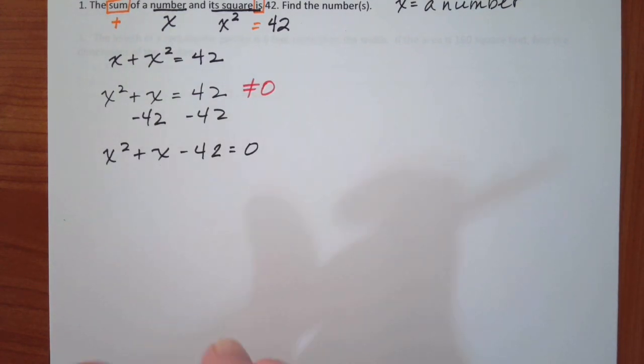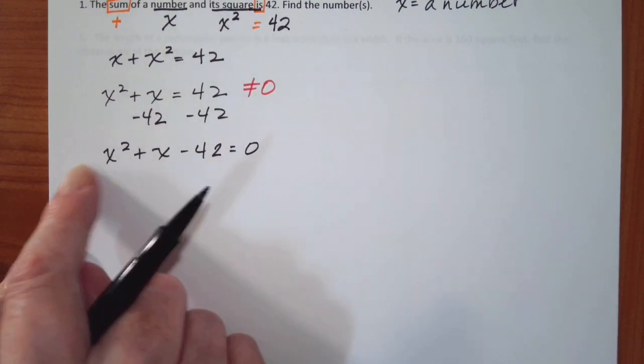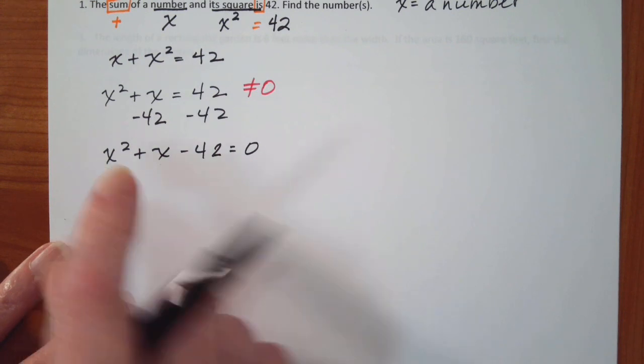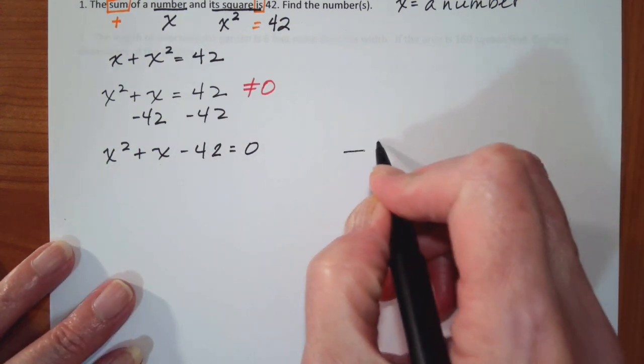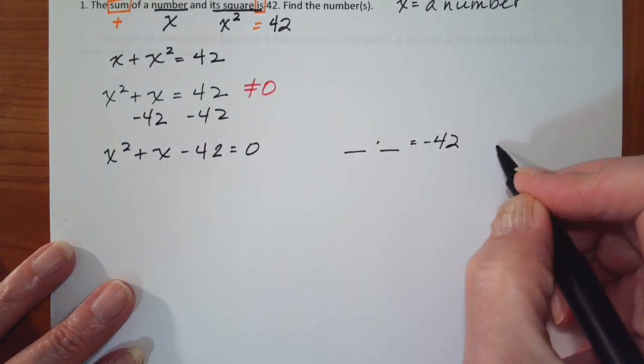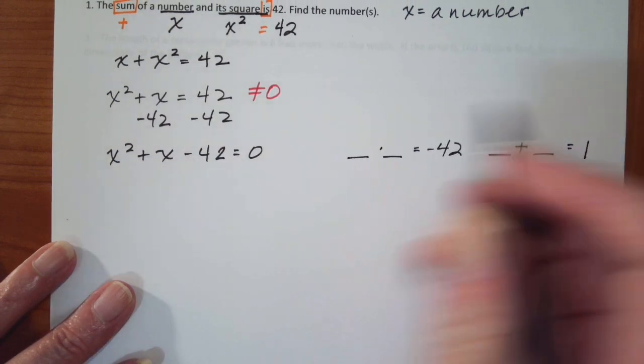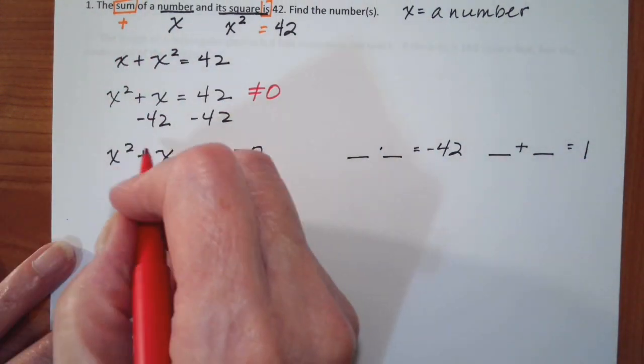I always look for a greatest common factor. There isn't one, so I don't have to do anything with that. This is 3 terms and the leading coefficient is 1, which means I can use the process. I'm looking for 2 numbers whose product is negative 42, and those same 2 numbers, the sum is 1, remembering that this is an implied 1 here.